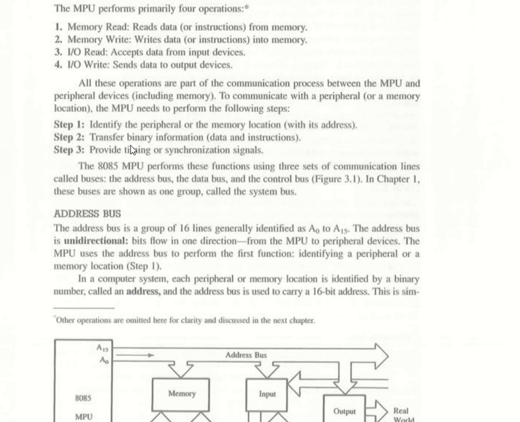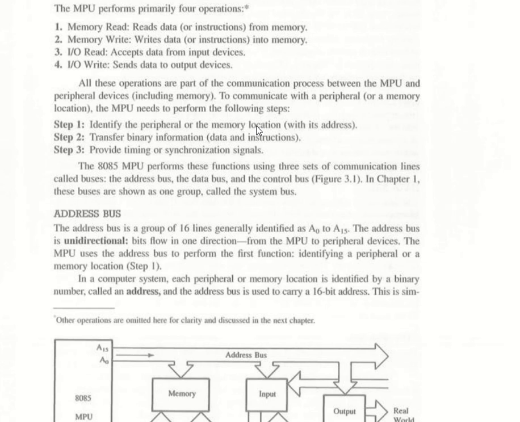The first stage is identifying the peripheral or the memory location. To avoid confusion, we are going to use the words memory location. So first we have to identify the memory location, which means we have to identify the address of a particular memory location, right? I will be explaining how you find the address of a particular location. Then we have to transfer the binary information, data and instructions.